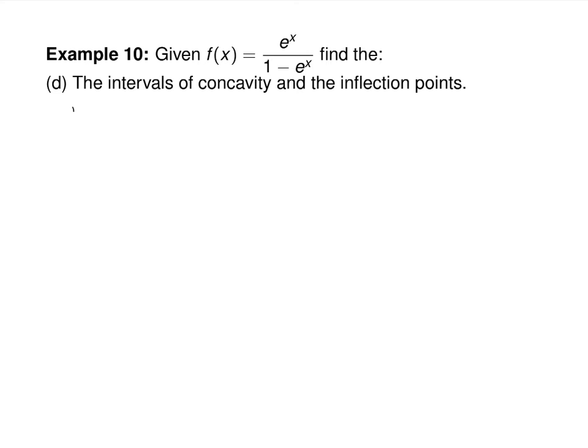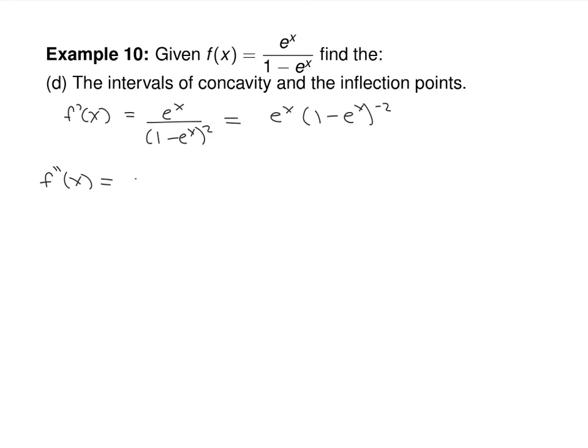So the first derivative was e to the x over (1 minus e to the x) squared, right? Which is the same thing as e to the x times (1 minus e to the x) to the negative 2. I think it's going to be best to use the product rule.